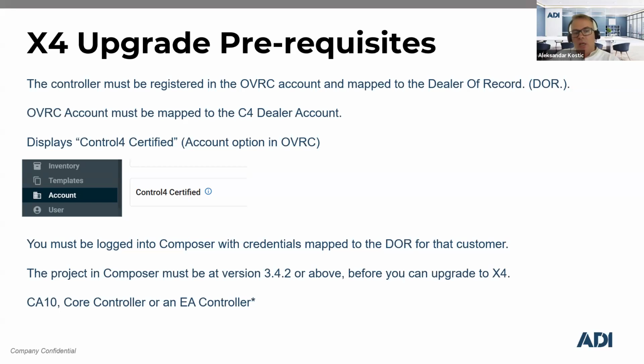Speaking of the current versions of projects which are supported for upgrade, those are, of course, the final version of OS3, which is 3.4.3, and one version behind that, 3.4.2.